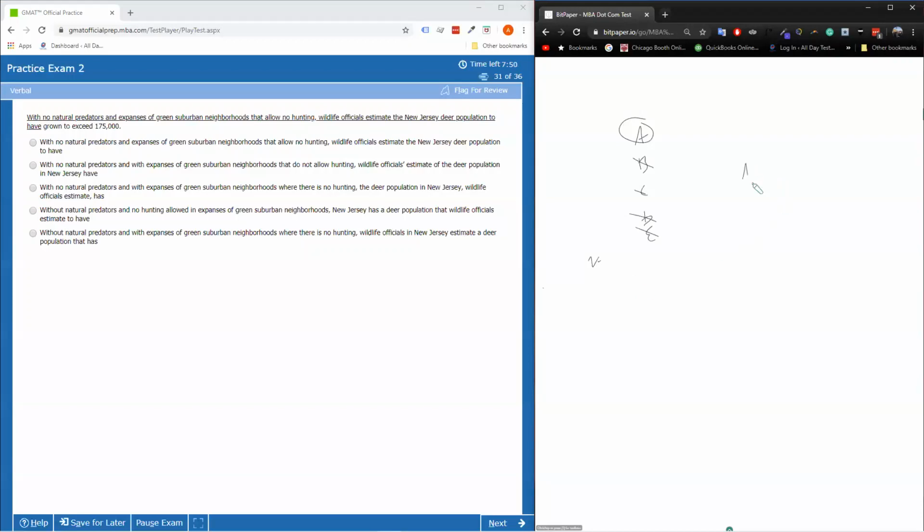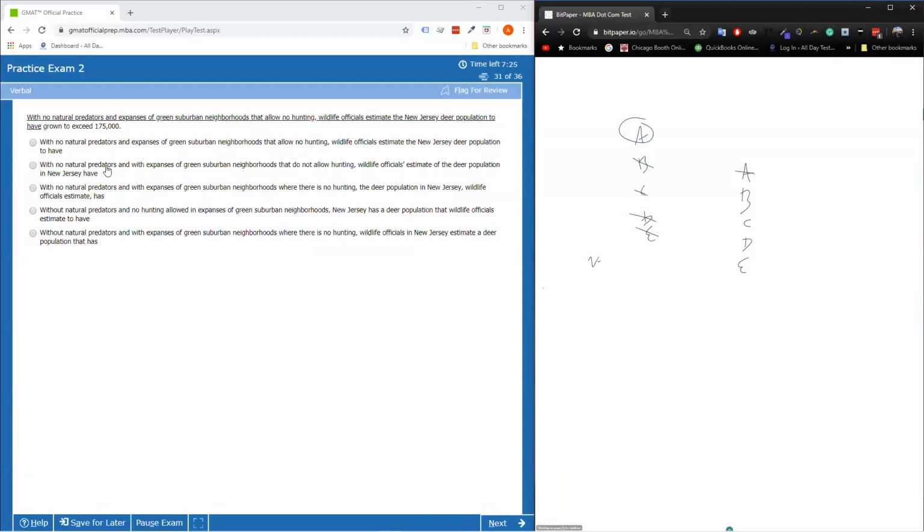It's a bit confusing, because it's not that there have been no expanses; there have been expanses that allow no hunting. The population has grown. I think that's confusing in A because it sounds like no natural predators and no expanses. So hopefully something fixes that.